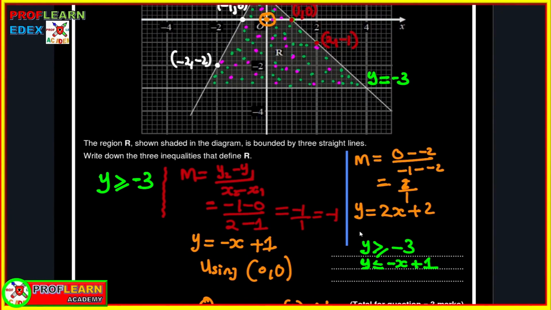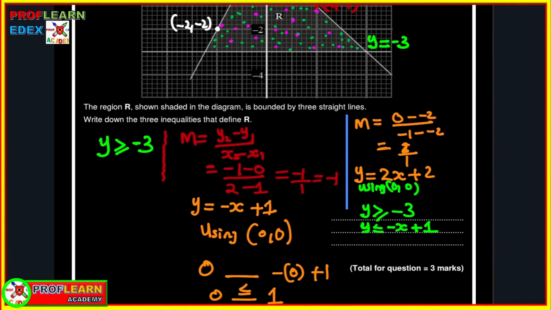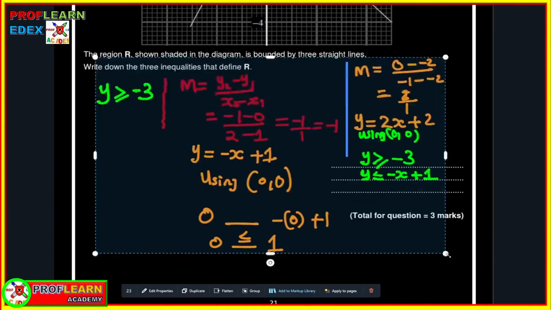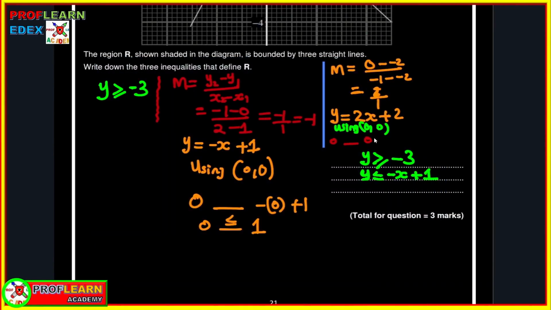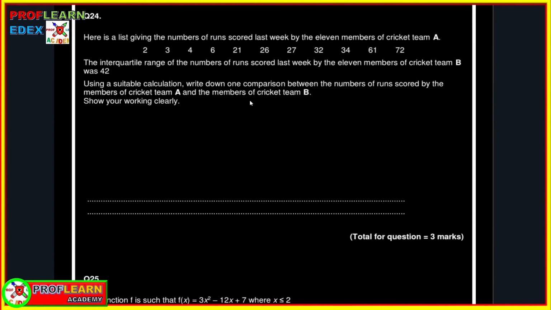Then using the same point (0, 0) to test which region, it is still less than or equal to, so our inequality becomes y is less than or equal to 2x plus 2. We can write it down here. Exactly, that is what you are supposed to do when coming up with inequalities from the graph.